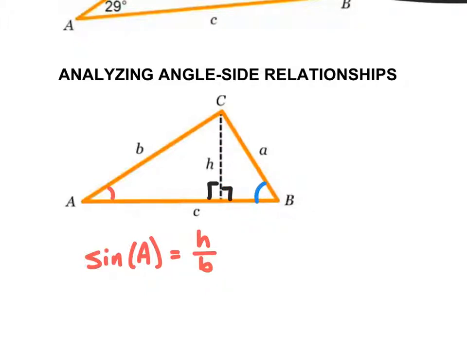It's a right triangle, and so I can write out that sine of B would be the length h divided by the hypotenuse A. So I've got sine of B is equal to h over A. Now we have two equations using h and the variables a and b.